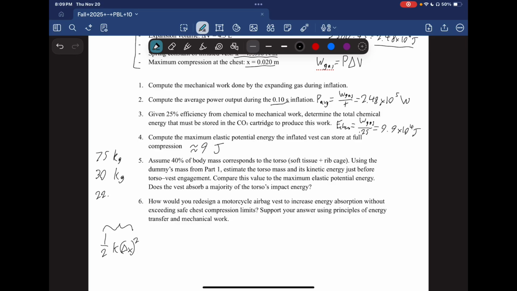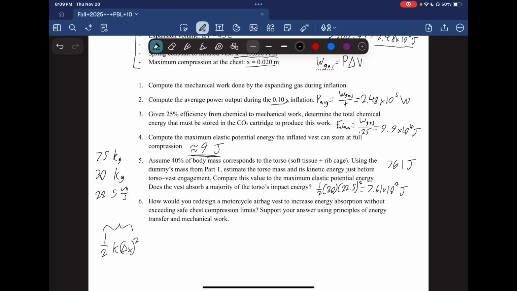And the speed that he had earlier was 22.5 meters per second. So we use 1/2 times 30 times 22.5 squared. And then this equals 7.61 times 10 squared joules, or just 761 joules.